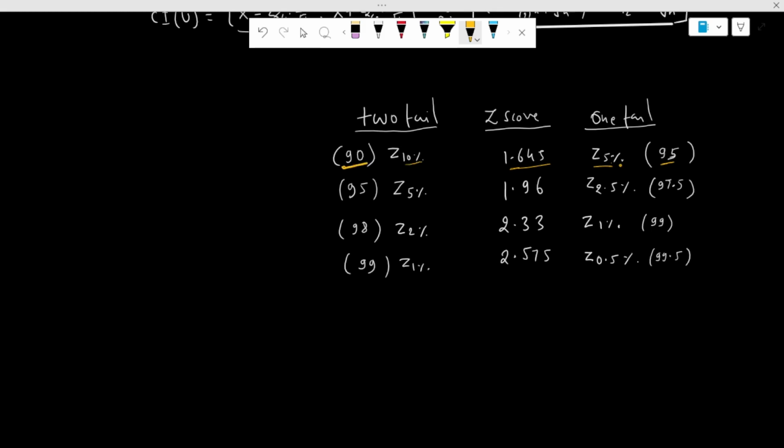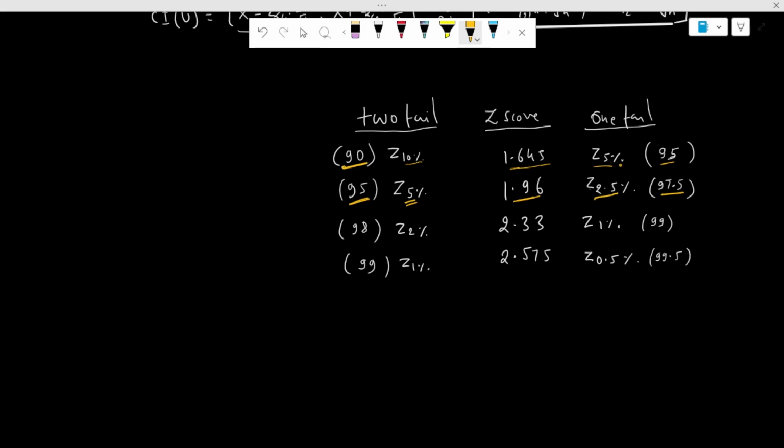Similarly, for a one-sided confidence interval, if our alpha is 2.5%, then our confidence level is 97.5%, and the z score for alpha 2.5% is equal to 1.96. And for a two-tail test, if our alpha is 5%, then our z score is 1.96.